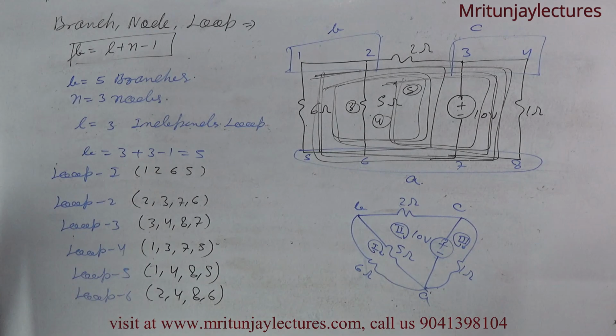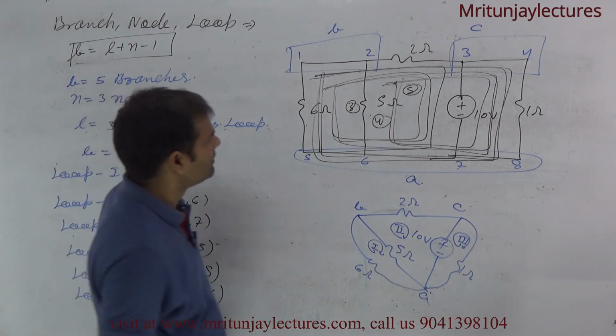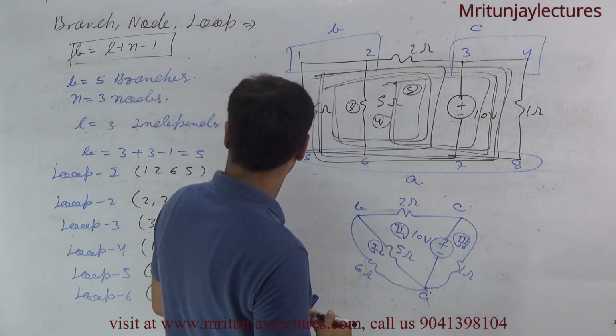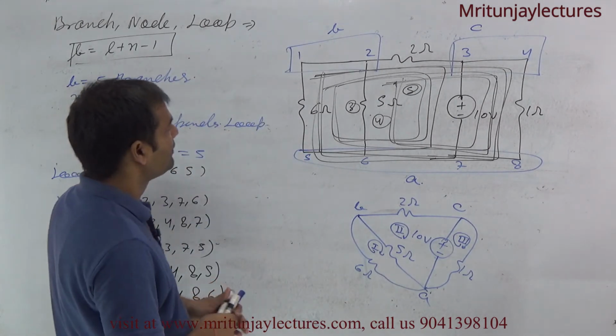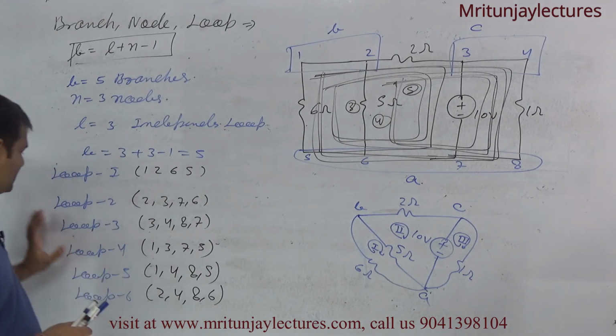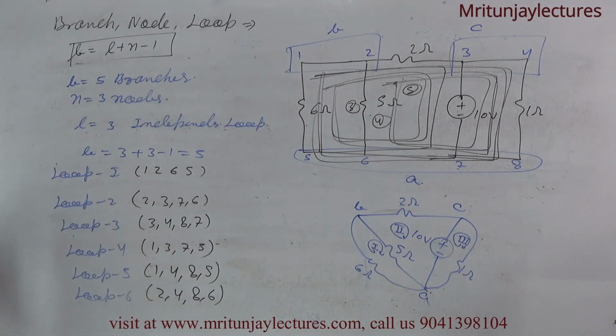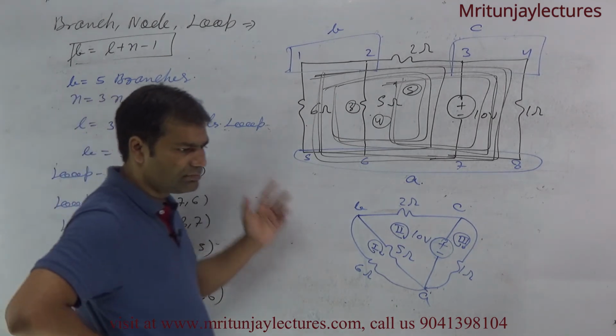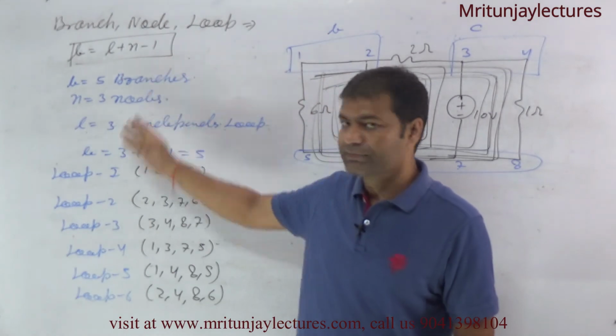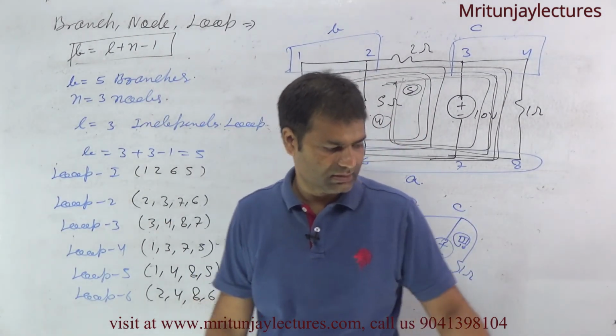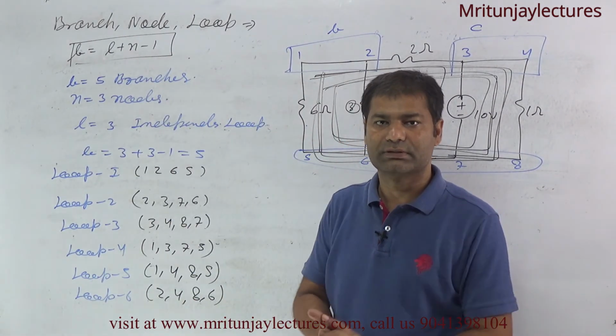There are 6 loops possible there. 1375 is also possible. Only 6 loops are possible here. Clear? If any doubt, with the help of this formula determine branches, nodes and number of loops.